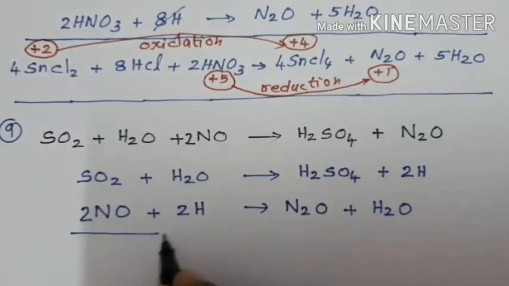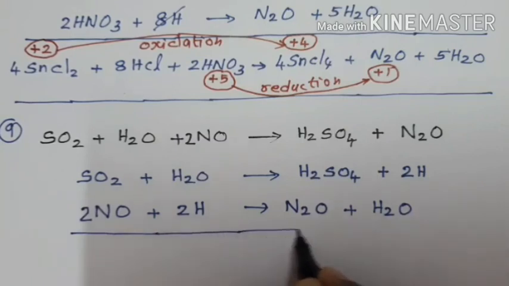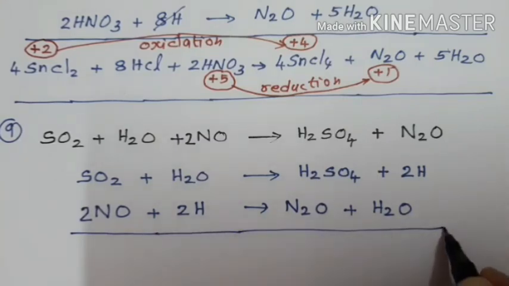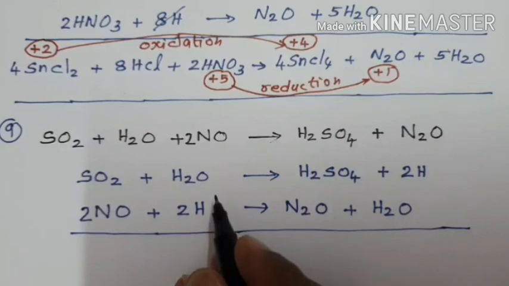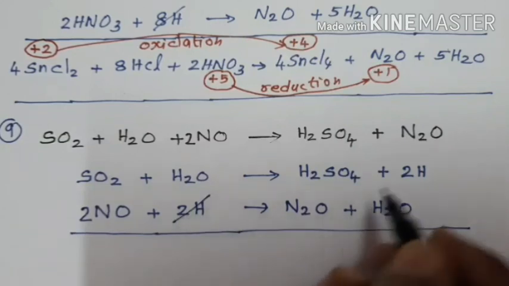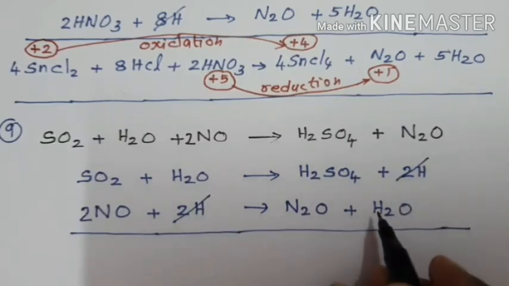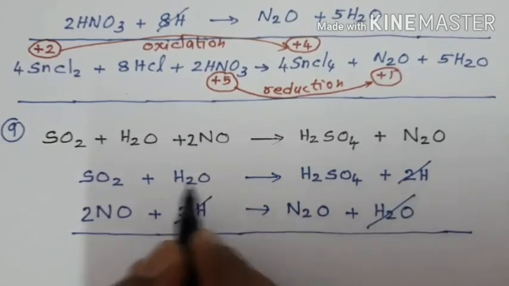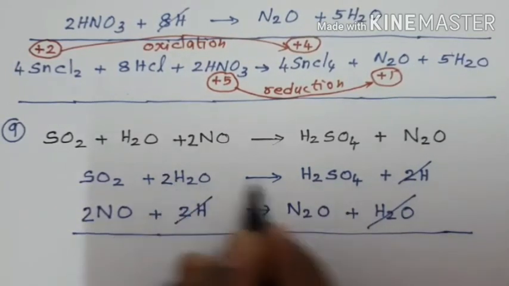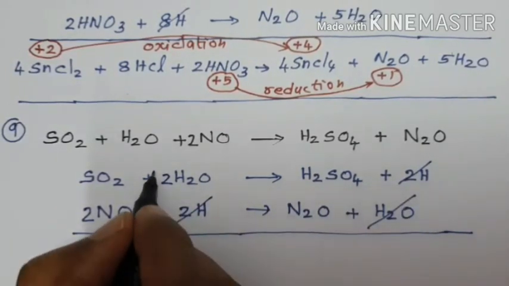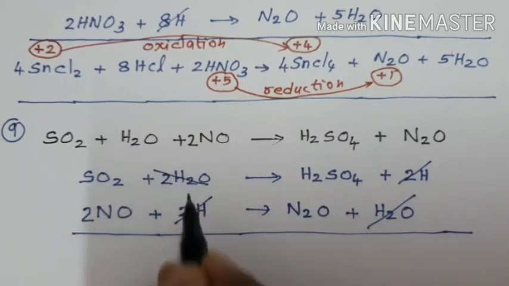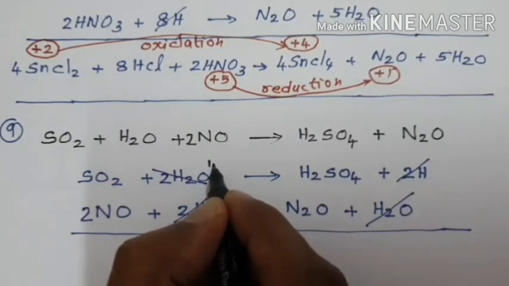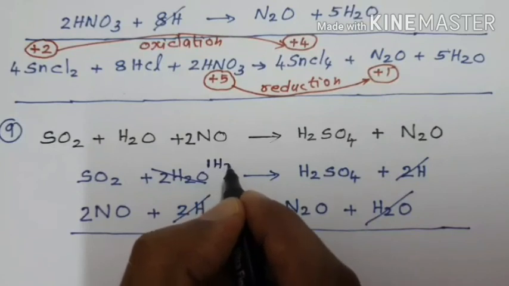When we add these two reactions, we get the final reaction, and nitrous oxide is prepared. The 2 hydrogen get cancelled. Here you have 1 water molecule, and there 2 water molecules after balancing, so 1 water molecule gets cancelled, leaving 1 water molecule H2O.